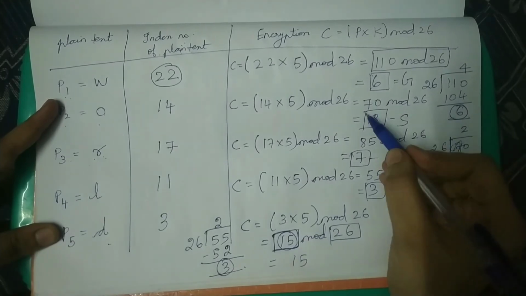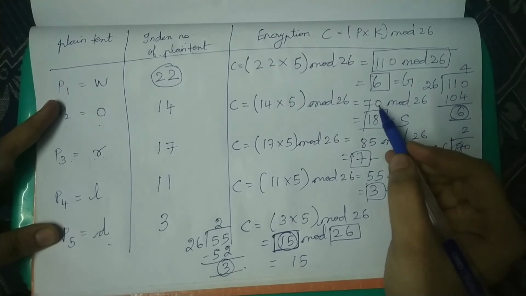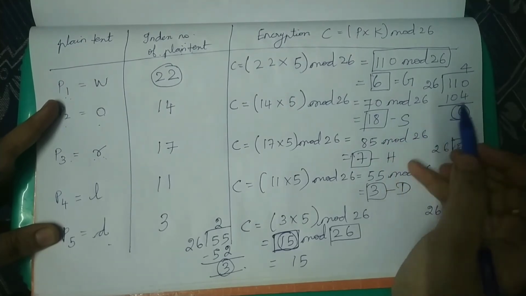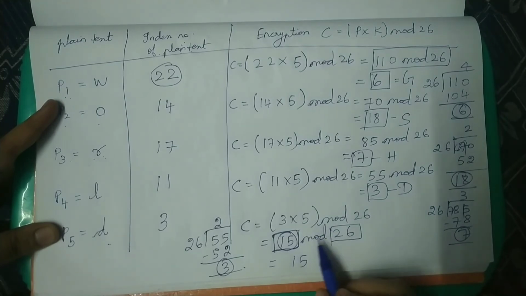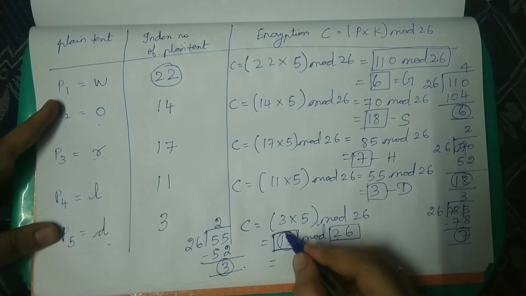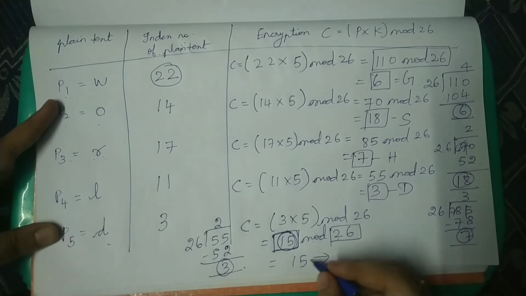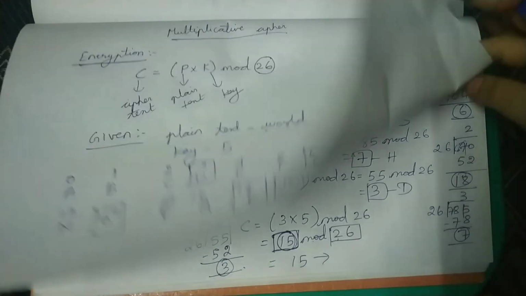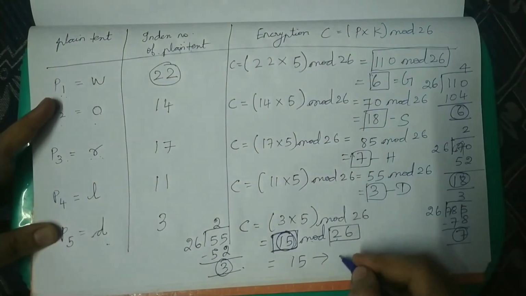If you're getting a bigger number modulus a smaller number, then we should divide and find the remainder. If you're getting a smaller number modulus a bigger number, then we should write the answer as the smaller number directly. Now the corresponding alphabet for the number 15 is P. So I should write P over here.